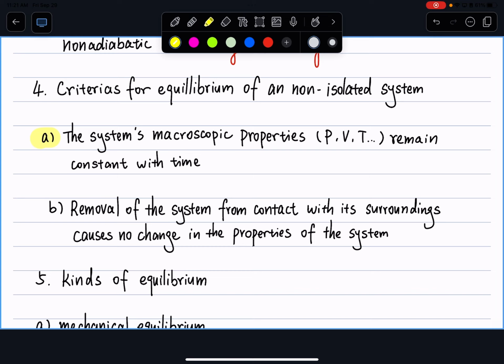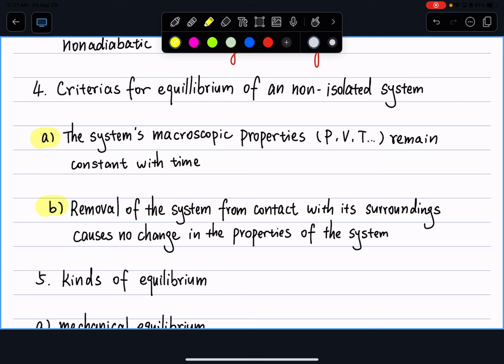What does that mean? For example, the macroscopic properties like pressure, volume, temperature, if I just let it sit there, it's going to stay. So that means whatever is inside and outside, between the system and the surrounding, is in equilibrium with each other. That's one of the criteria.